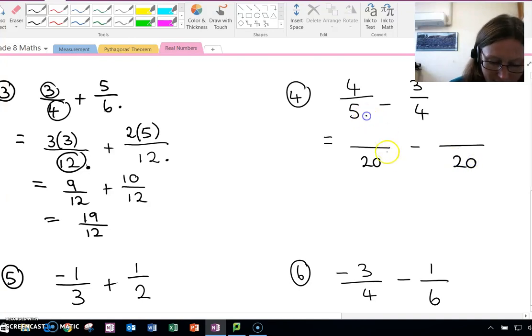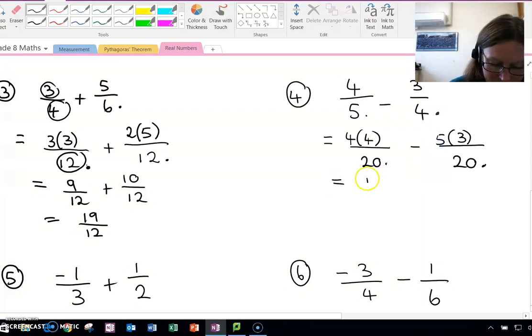To get from 5 to 20, I times by 4. So that's the number I started with on the top, 4, and I must multiply that by 4, because I multiplied the bottom by 4. Let's look at the next fraction, 4 to 20. 4 times 5 is 20, so I multiplied the bottom by 5, so that's the number I started with on the top, and I must also multiply that by 5.